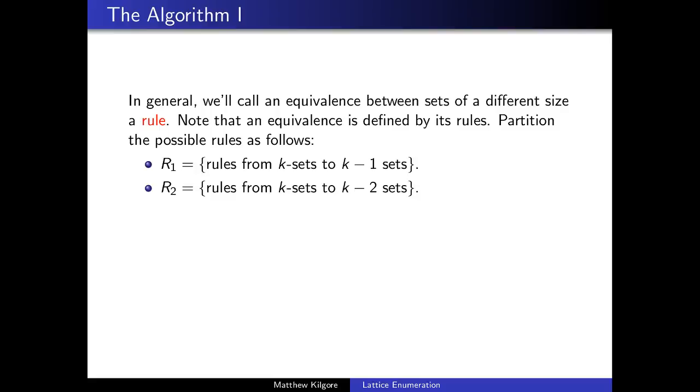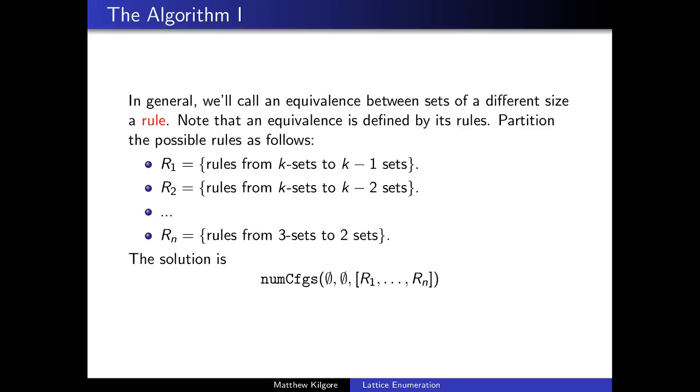R2 will be rules from k sets to k minus 2 sets, and so on, all the way down to Rn, which is rules from 3 sets to 2 sets. This covers all possible rules, and the number of equivalence classes that we're looking for is going to be the result of calling a function we defined called num_configs, with the input empty set, empty set, and the list R1 through Rn.